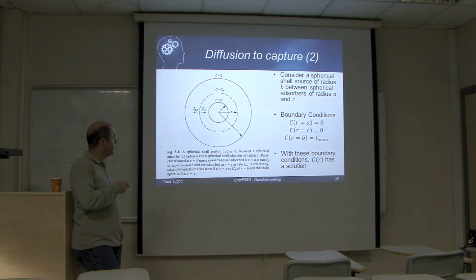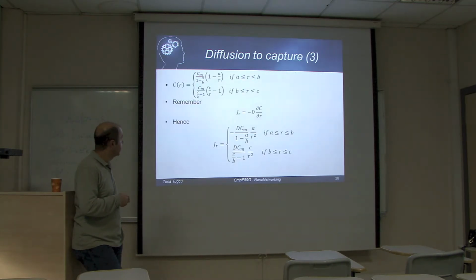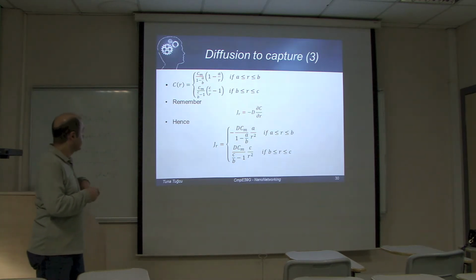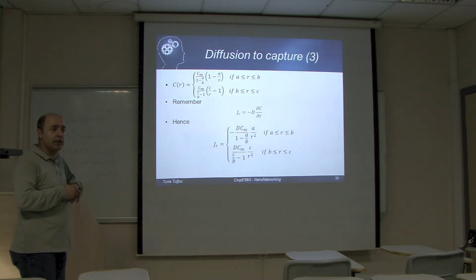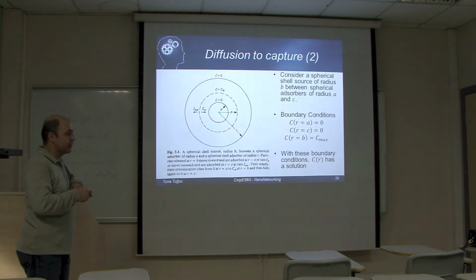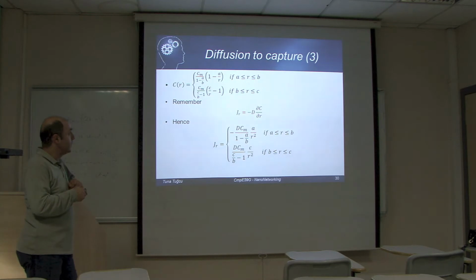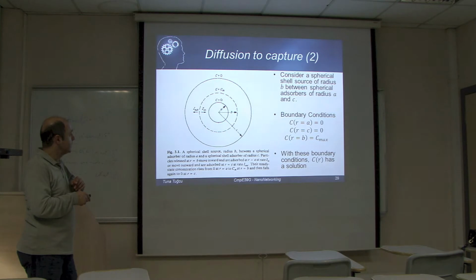Okay? So from this radius of B, there's also in and outgoing flux or current of the molecules. So when we try to plot it, the concentration at radius R, remember measuring from the center, would be C max over 1 minus A over B times 1 minus A over R if the distance R from that origin is between A and B. That means in this range.